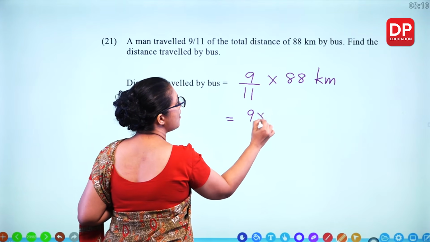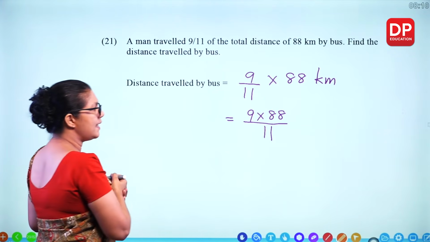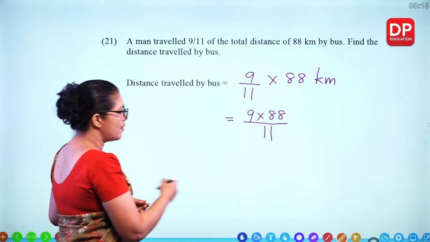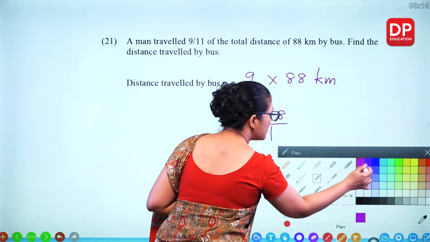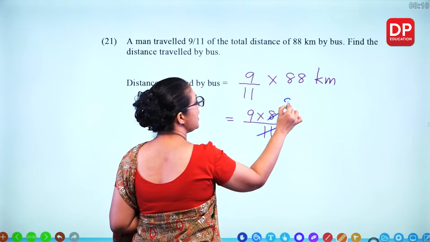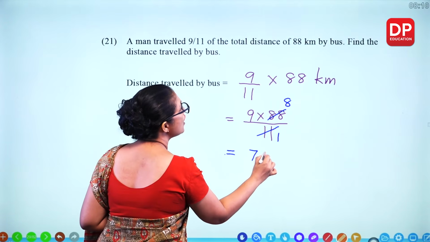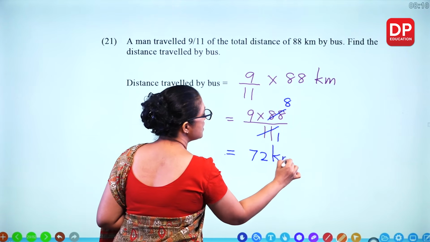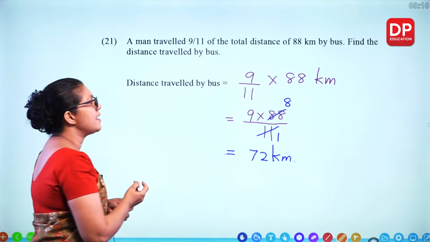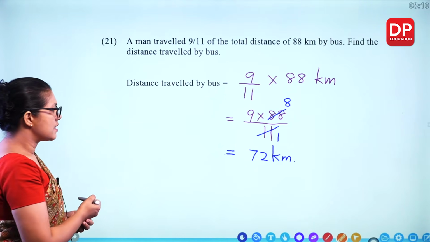You can multiply the numerator like this and divide by 11. Now 88 and 11, it's divisible by 11. 1 and 8. So 8 times 9, 72 kilometers. So 9/11 of 88 is 72 kilometers.